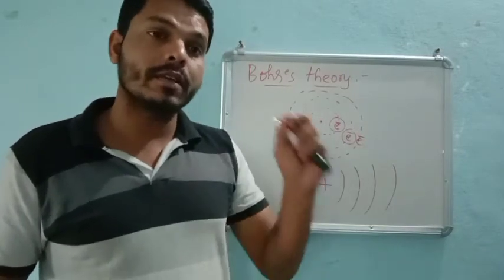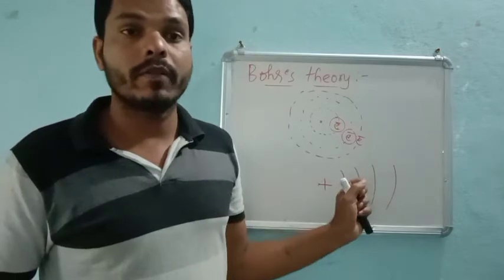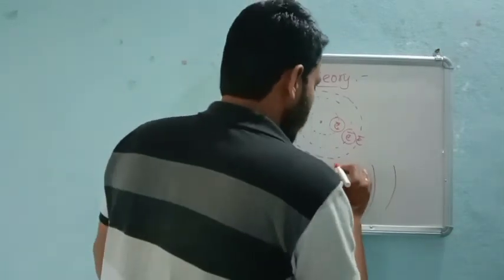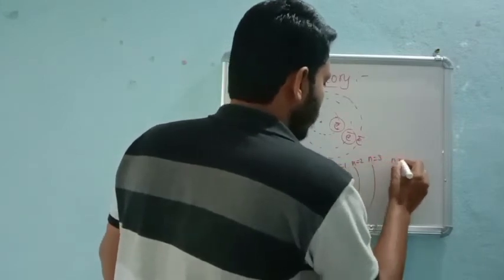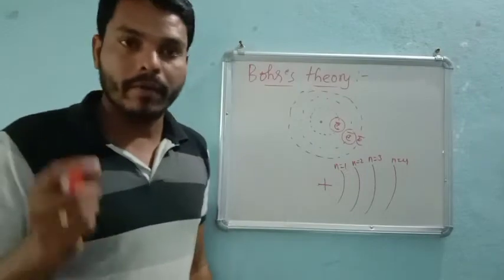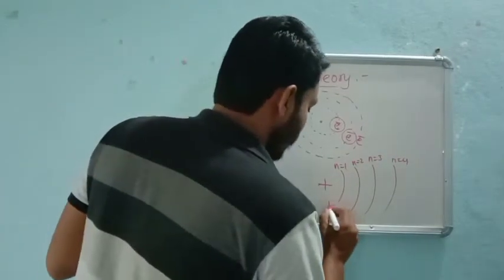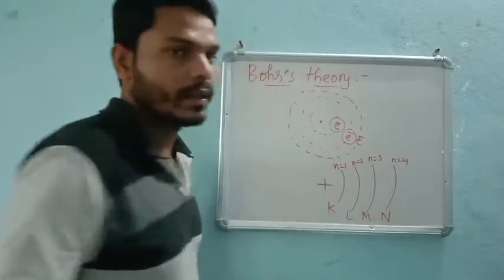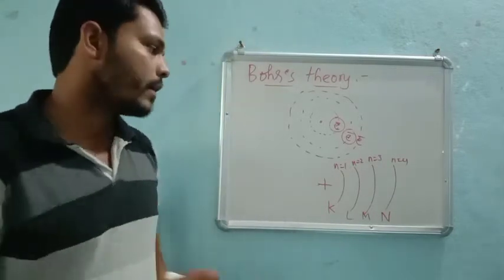So these orbit energy levels can be represented with numbers as n is equal to 1, n is equal to 2, n is equal to 3, n is equal to 4, and by letters, he says K, L, M and N.